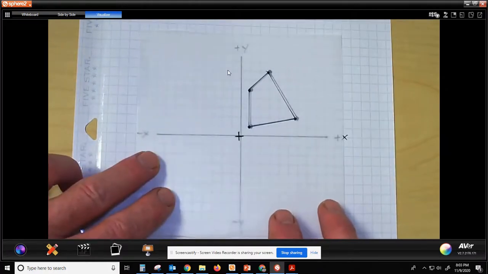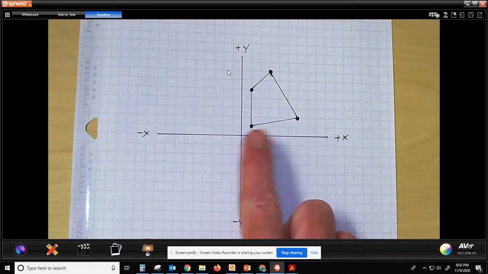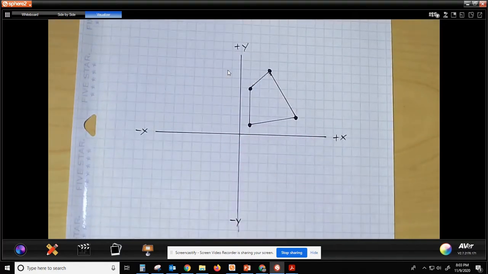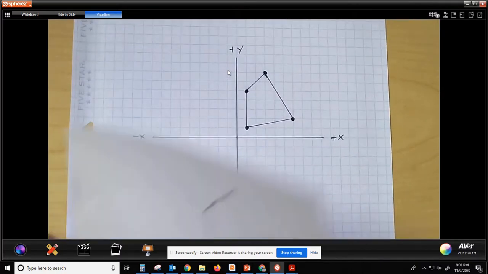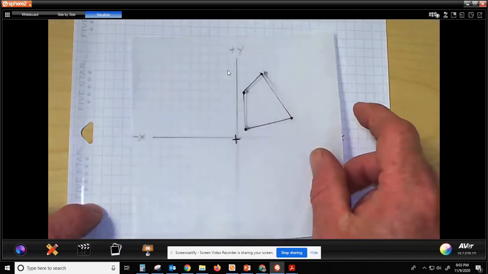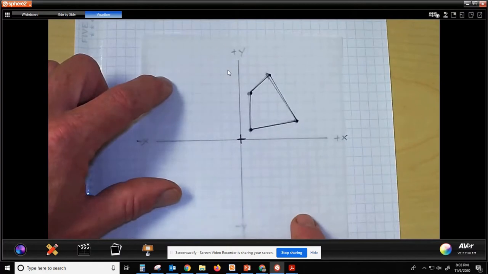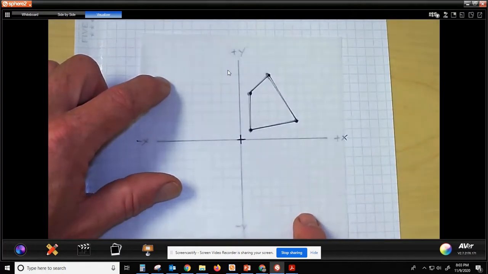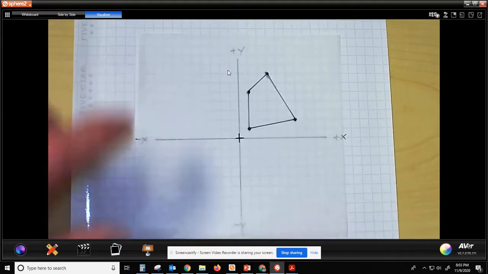Okay, so I have my pre-image, and this is not a regular polygon. It has characteristics that don't make it very symmetrical looking. I am calling it the pre-image, and I'm laying down another transparent page over here to show you we're still in the pre-image.